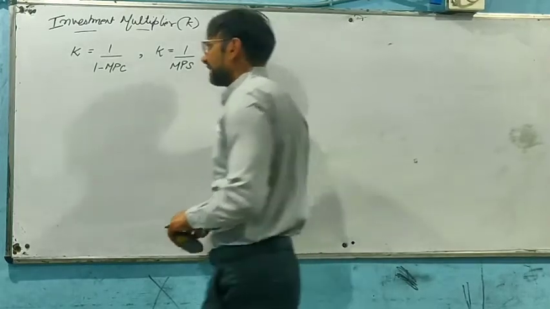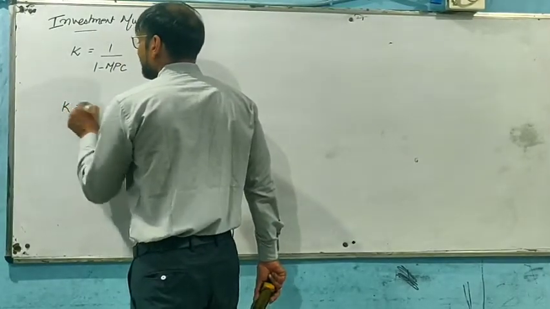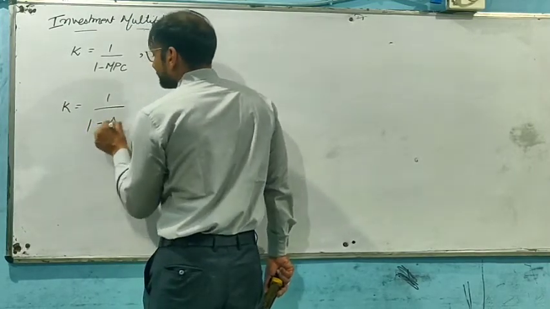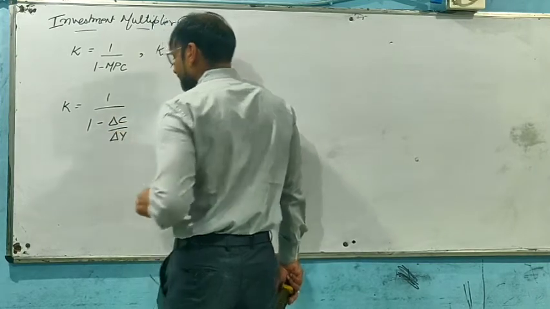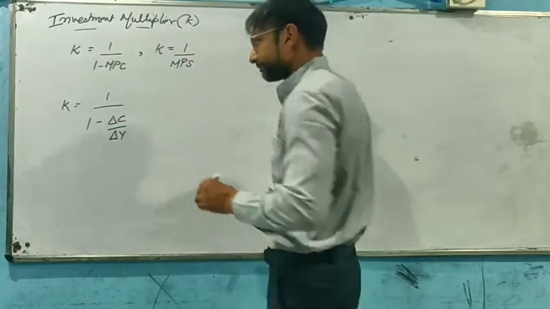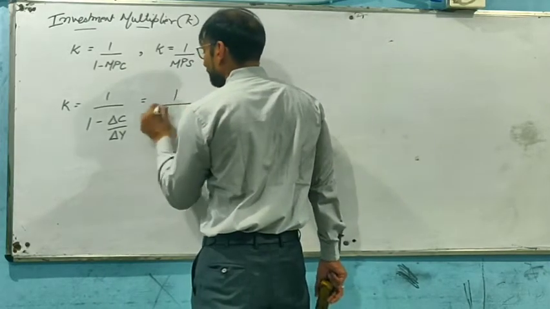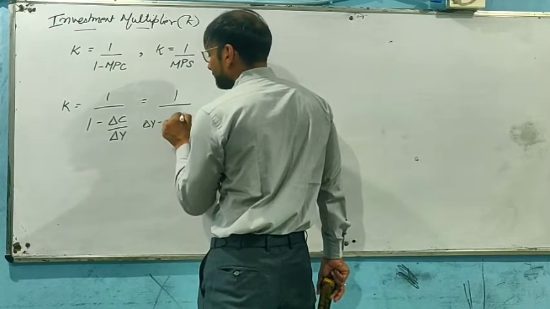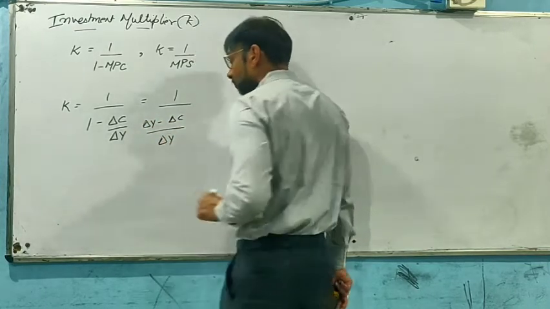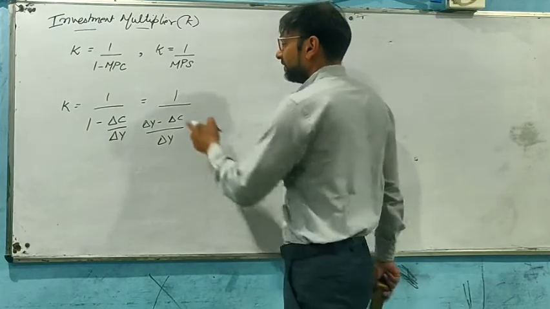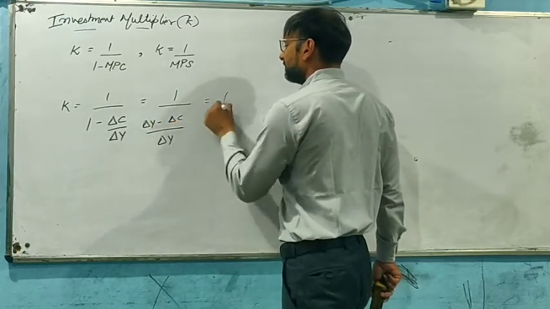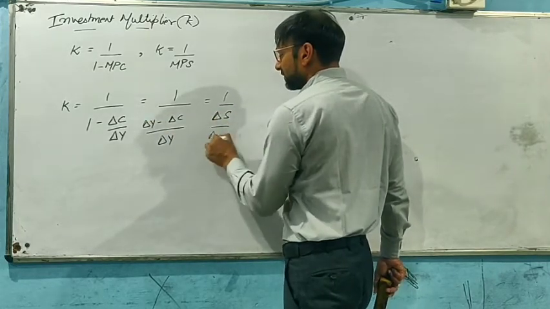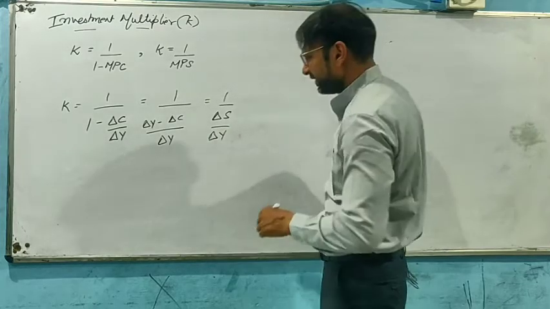Now, how have we derived this formula? If we just elaborate this formula, what will be obtained? That is delta C upon delta Y. Okay? So if we elaborate more of it, we can say delta Y minus delta C upon delta Y. Now, delta Y minus delta C will give you delta S upon delta Y. Okay?